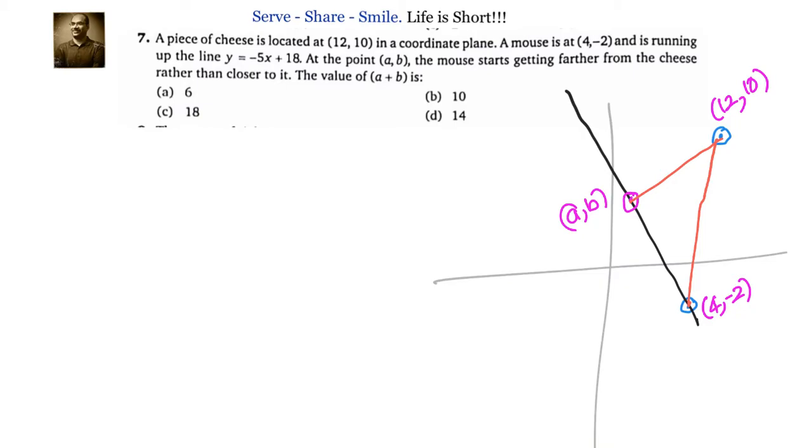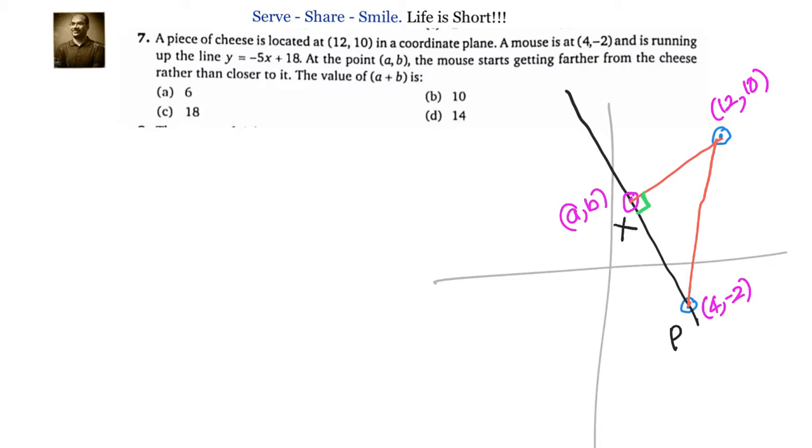This is the only thing we have to understand from the problem. If you understand this, the problem is pretty simple, because we can solve it using the 10th grade concept of distance between points, or the 11th or 12th grade concept of equations of straight lines and slopes.